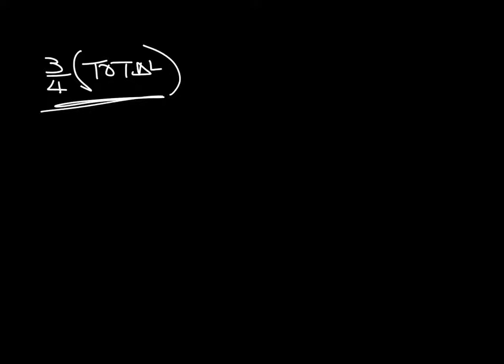Last example. 3/4 of the tickets had been sold. So 3/4 of the total had been sold. And there were 420 tickets left. So 3/4 of the total is how many were sold.